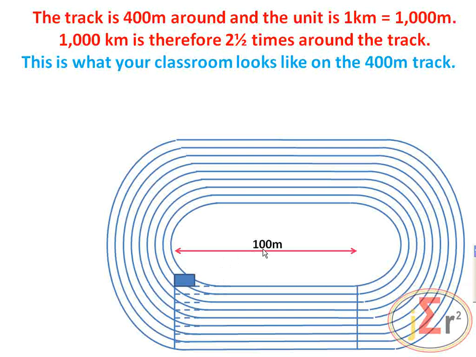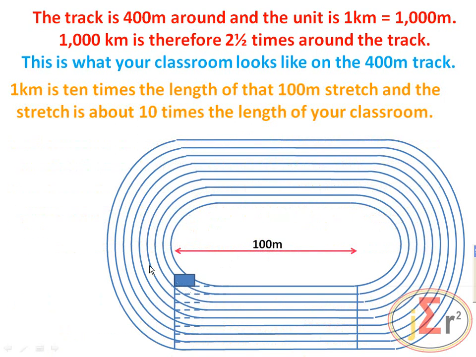That is 100 meters. And how long is your classroom? Approximately 10 meters. 1 kilometer is 10 times the length of the 100 meter stretch. And the stretch is about 10 times the length of your classroom.